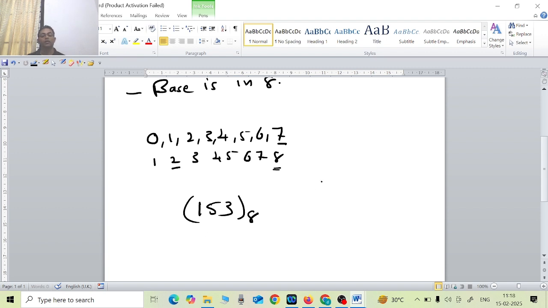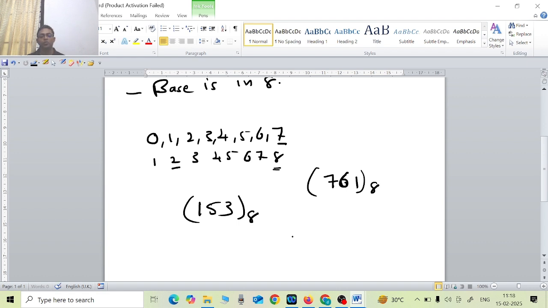And let us see another example: 761. Yes, this is a valid octal number because it uses only symbols within 0 and 7.